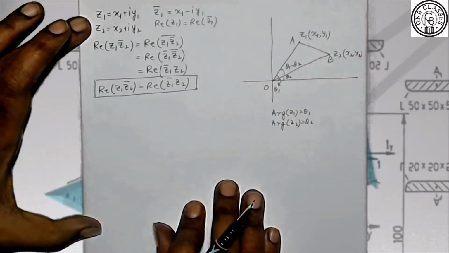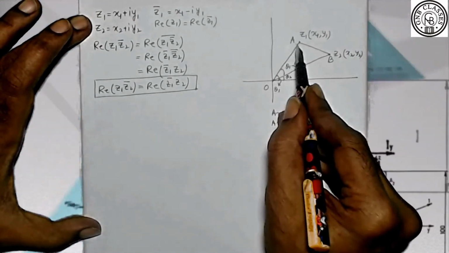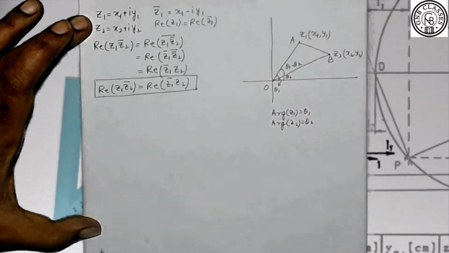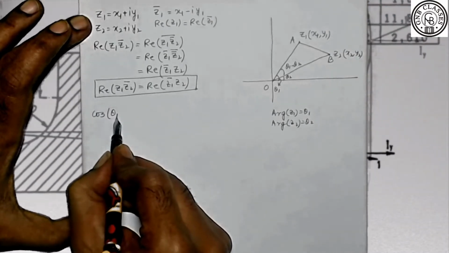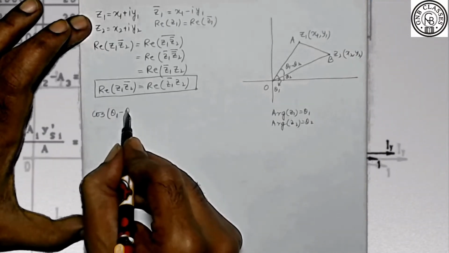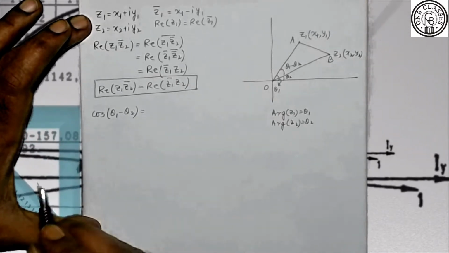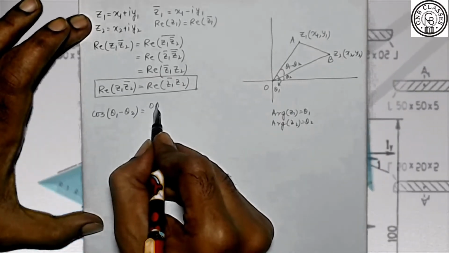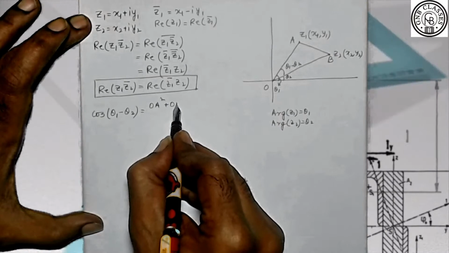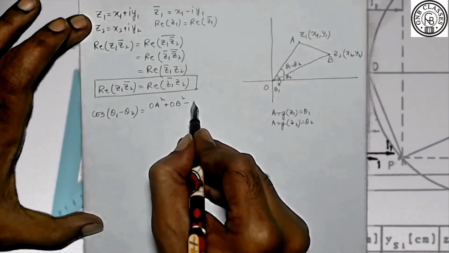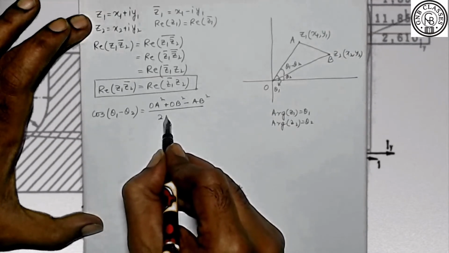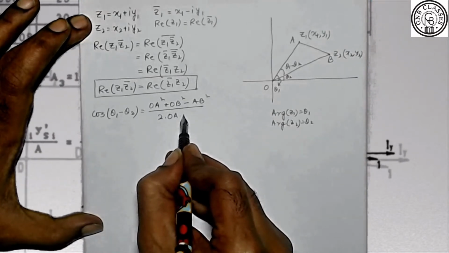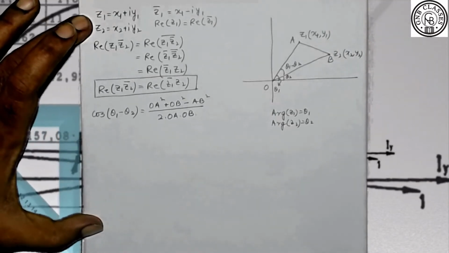Okay. Now you see, from the triangle OAB, by applying the cosine rule, cos of theta 1 minus theta 2 gives you OA square plus OB square minus AB square divided by 2 times OA into OB. Is it clear?